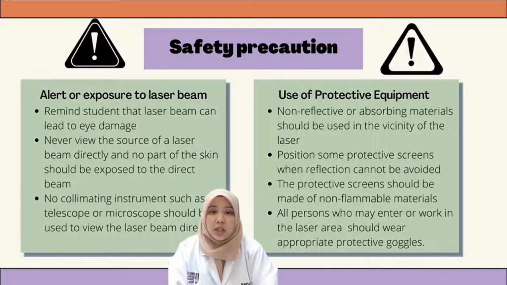Next, the protective screens should be made of non-flammable materials. They should be optically opaque and painted a matte gray color. Lastly, all persons who may enter or work in the laser area and are liable to be exposed to laser radiation should wear appropriate protective goggles to avoid direct laser light into the eye.